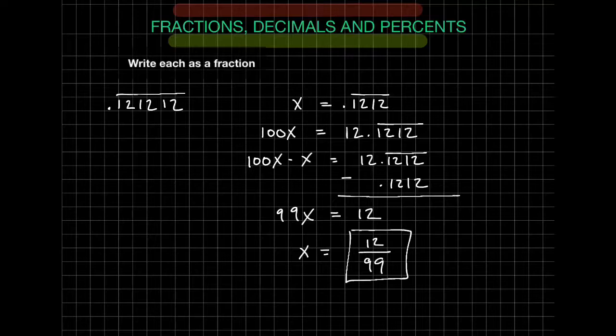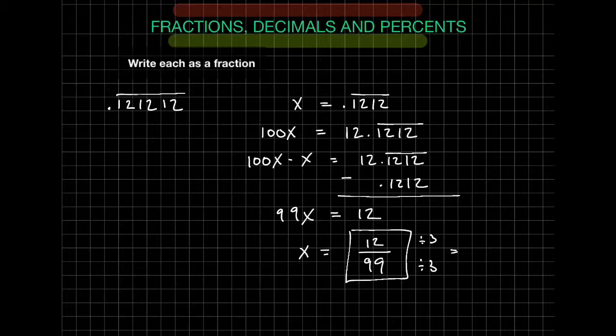Okay, that's like I was telling you earlier that if you have two digits, you're going to put 99, so two 9s in the denominator. You know, obviously we could reduce this a little bit further by looking at it. So we could divide top and bottom by 3.